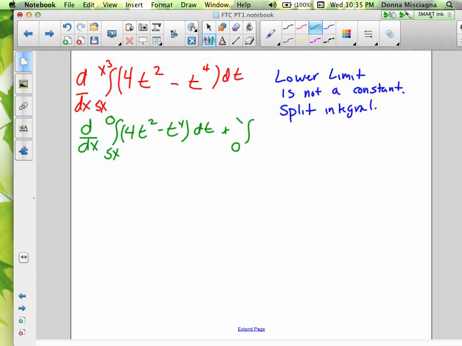And then the upper limit of integration is x cubed, and then 4t squared minus t to the 4th dt. All right, so we've split it.